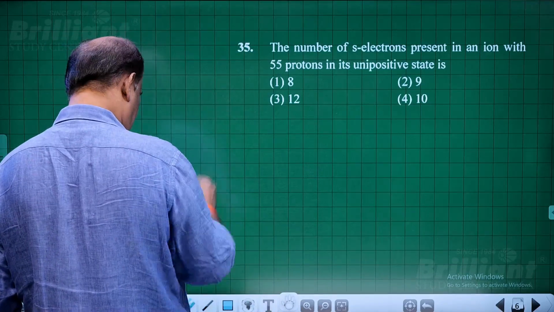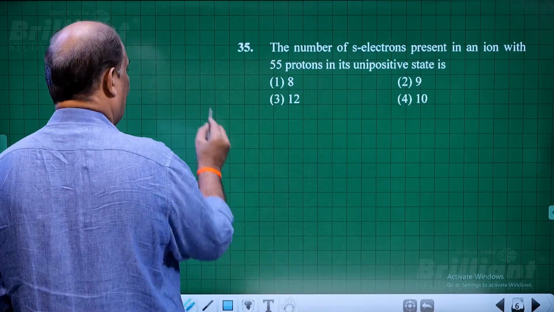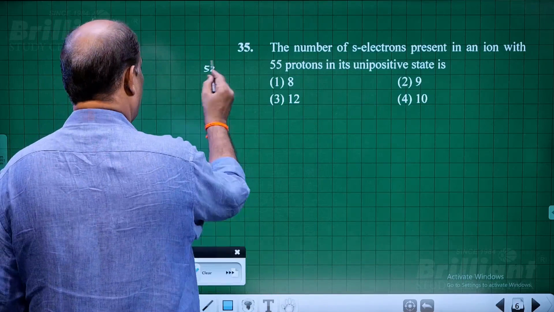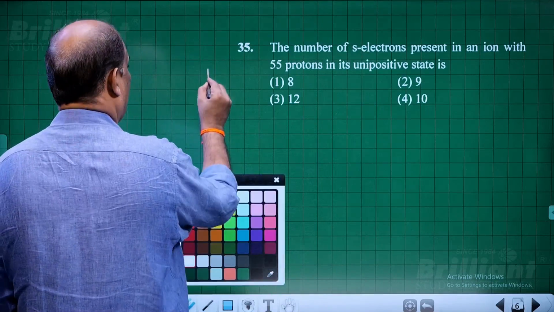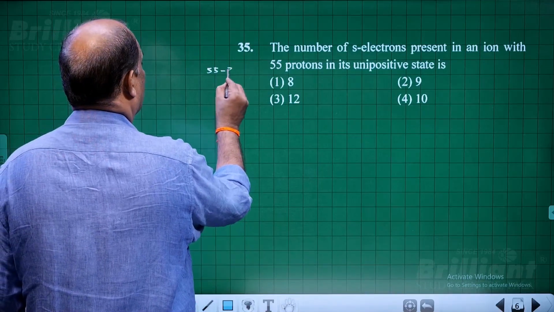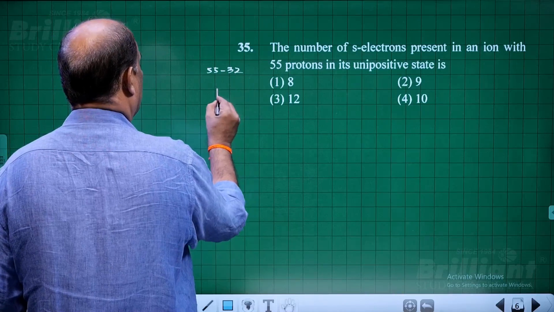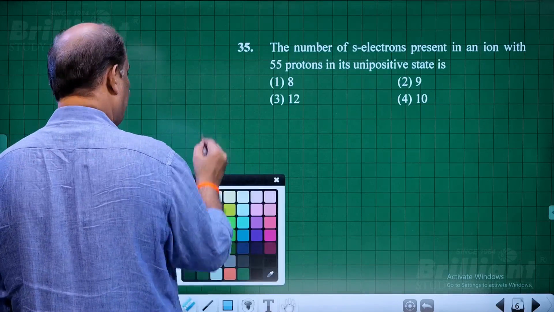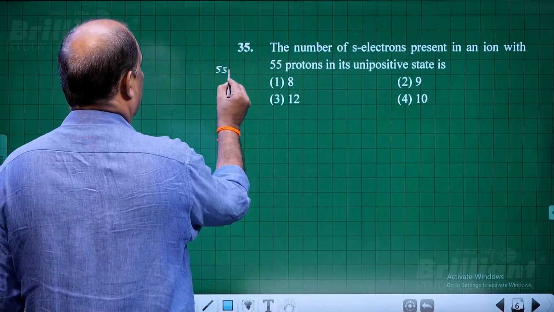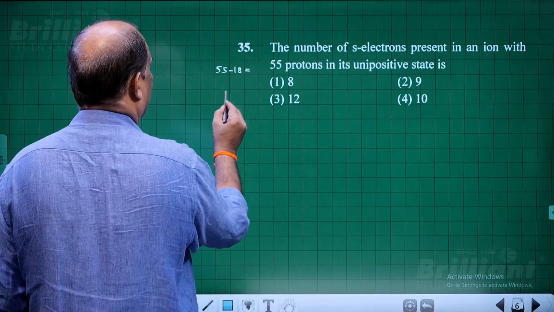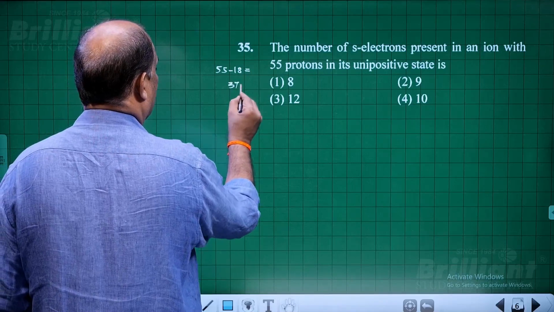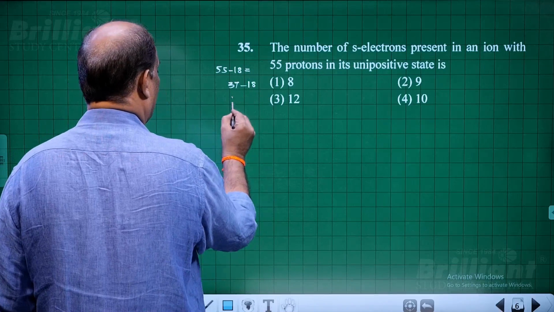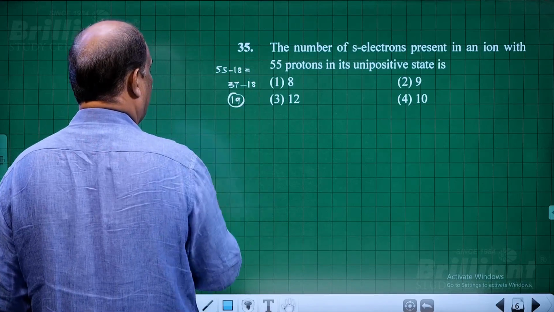We write like this. 55 minus 32, directly I write like this. 55 minus 18, this is 37, minus 18, 19.